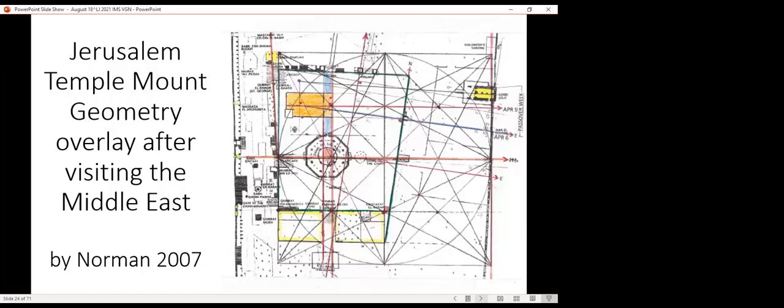The overlay is very detailed, but it illustrates the centrality orientation to the Temple Mount eastward, and locates the temple on the north in that yellow rectangle, and orientation dates. Too much detail here to discuss. However, it will be available in publication.